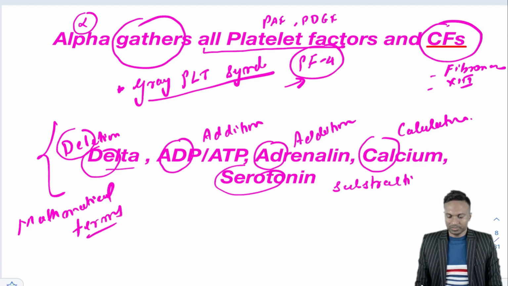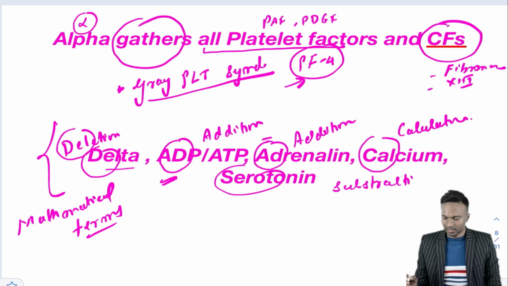What are these terms? Deletion for delta granule. Earlier I said that the best mnemonic is that which contains questions also. So deletion, addition, again addition, calculation, subtraction. So delta granules contain ADP or ATP, adrenaline, calcium, serotonin, right?